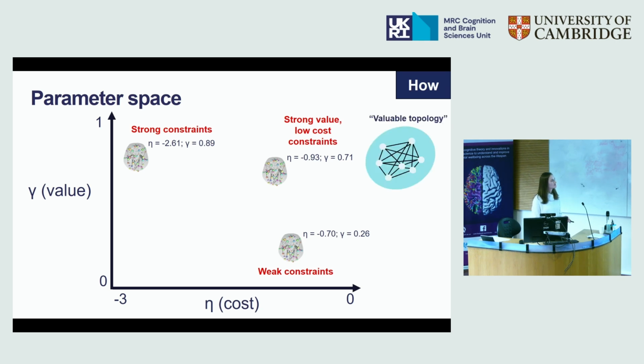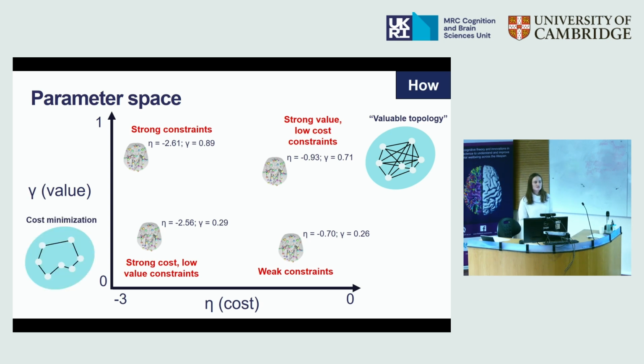If you remember from the introduction, it would look closer to this. And the opposite being from this bottom left-hand corner, if you have a strong parameter for cost and a weak parameter for value, it would be strongly driven by cost minimization, and thus slightly closer to a network that might look like this. So essentially what we get is different quadrants that have different economic constraints for our models.